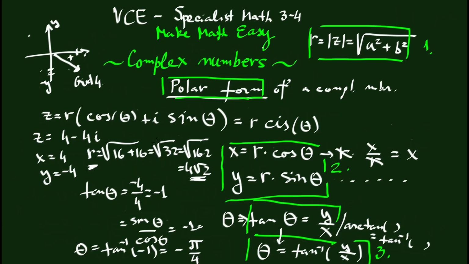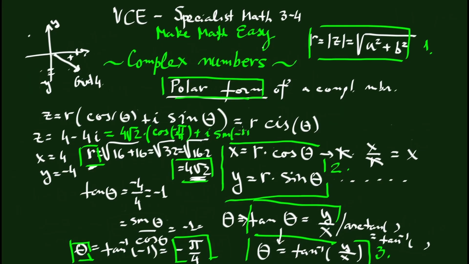So our number is z equals 4 square root of 2 times cosine of minus pi quarter plus i sine of minus pi quarter. That's the polar form.